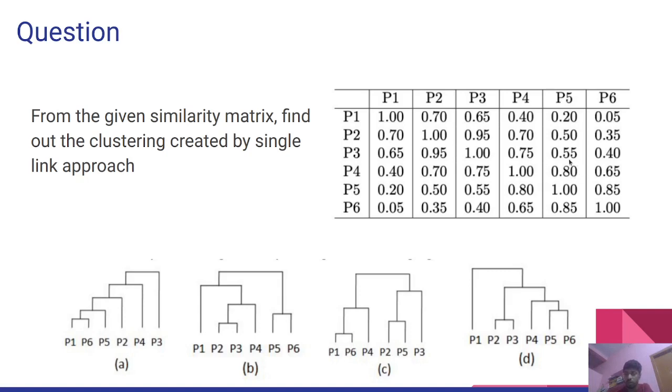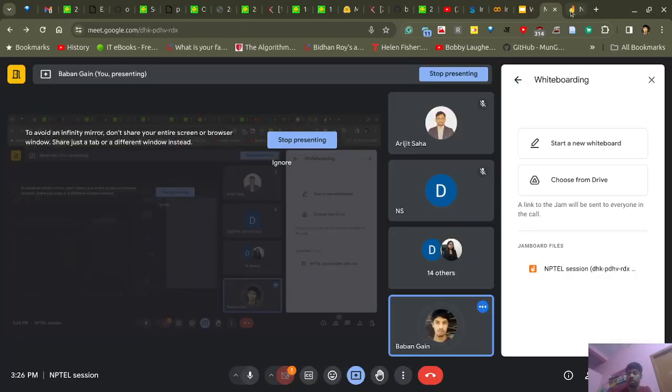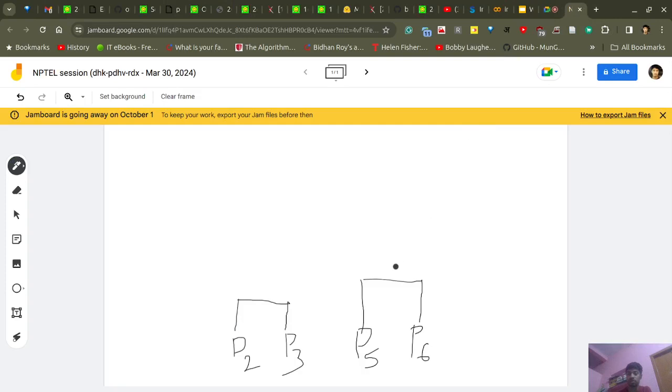Here we have 0.80. P4 with P5. Right. Okay. So P5 is already merged with P6. So if you are taking P4 here, we have to merge it with that also. So at this point, P5 and P6 is merged. So we are doing this. Okay.